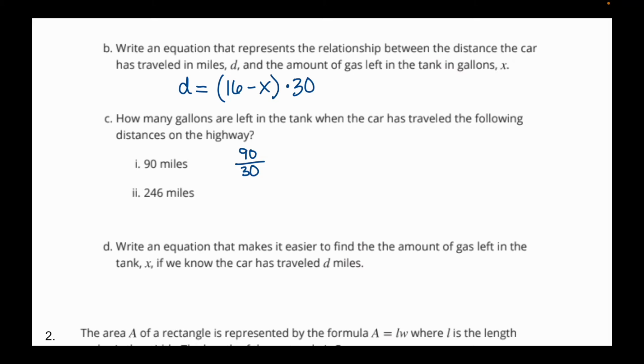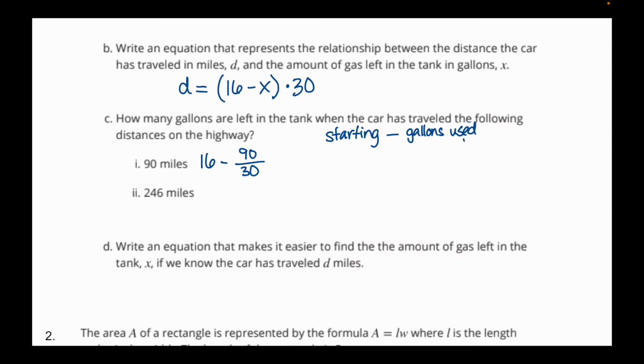But I don't want how many gallons of gas I used. I want how many are left. So I am going to start with the 16, and I'm going to subtract that amount because I'm going to have my starting, and I'm going to subtract my gallons used. So that's how I'm basically doing this one, starting and I'm subtracting the gallons that I used.